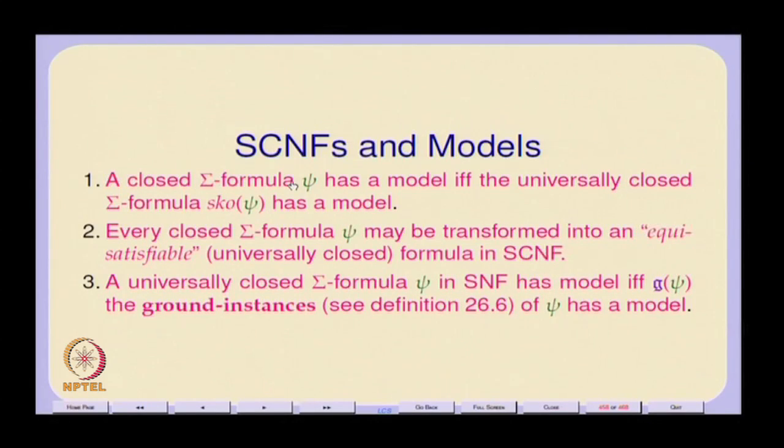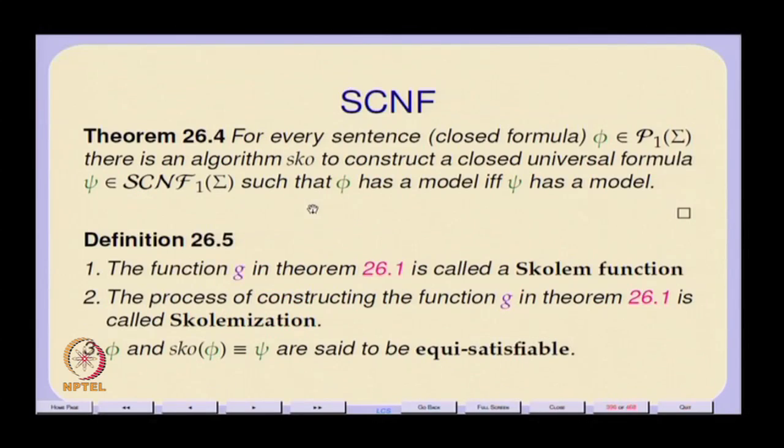Okay. So then what we did was we showed the Skolem normal form, which essentially says that for any closed formula phi, there is a simple algorithm SCO which generates a formula psi which is not logically equivalent to phi, unlike in the case of propositional logic where we had the conjunctive normal form.